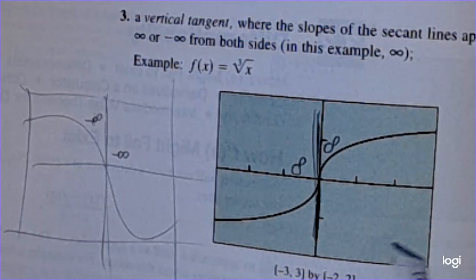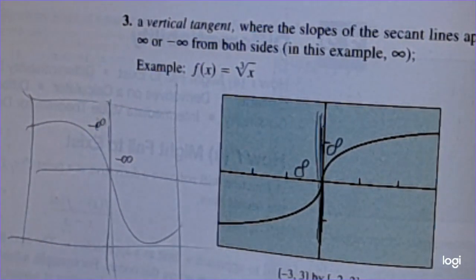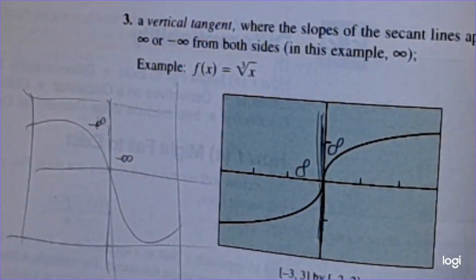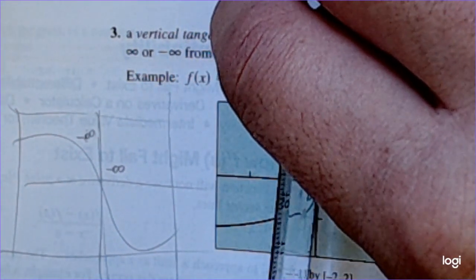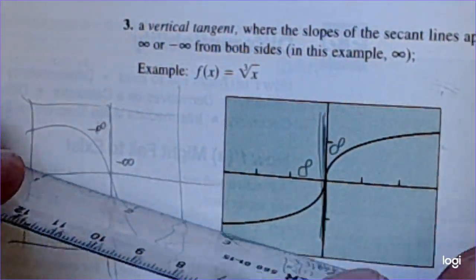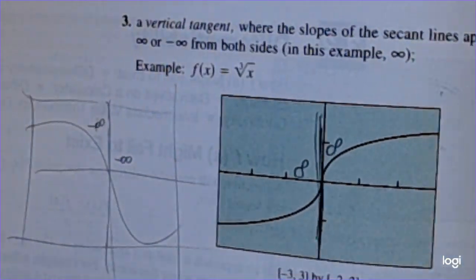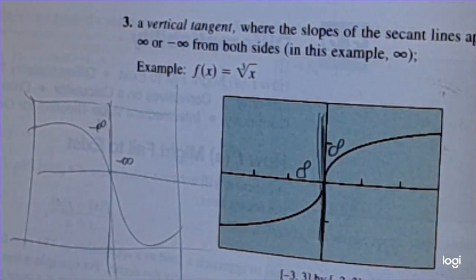The trouble here is we have to think about the graph of the derivative at this point as opposed to the graph of the function. So this is the graph of the function, and we can see as we go from this side, it would end up being positive infinity. From that side, it would still be positive infinity. However, that positive infinity is not differentiable, meaning that the graph of the derivative does not have continuity.